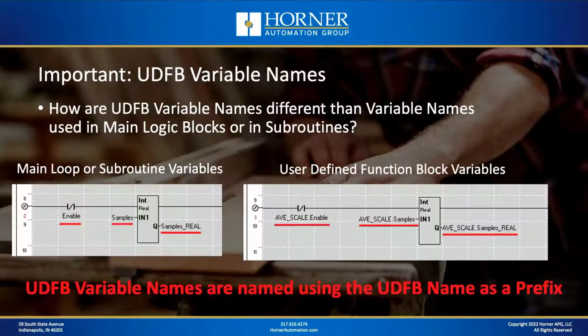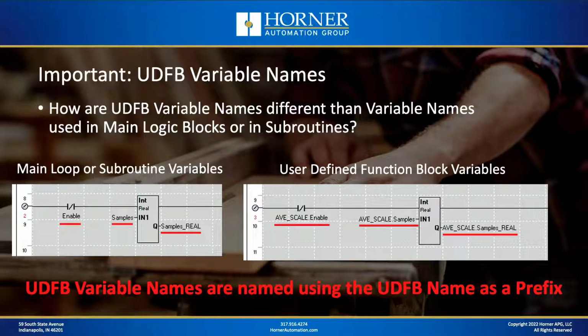Now let's talk about an important topic, if you will, and that is UDFB variable names. How do UDFB variable names differ from the simple variable names that might be present in your main logic block or in a subroutine? Well, on the left there, I've got a snippet of logic using simple variable names that you might find in a main loop logic block or in a subroutine, just with simple names.